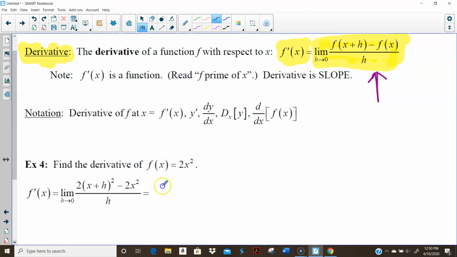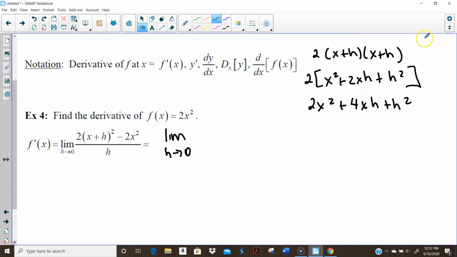To simplify this, we'll do the limit as h approaches 0. Up here, I went ahead and just multiplied this quickly for you. So I did x plus h times x plus h and then multiplied it by 2. So now I have 2x squared plus 4xh plus 2h squared, subtract the 2x squared, all over h. Let's cancel.